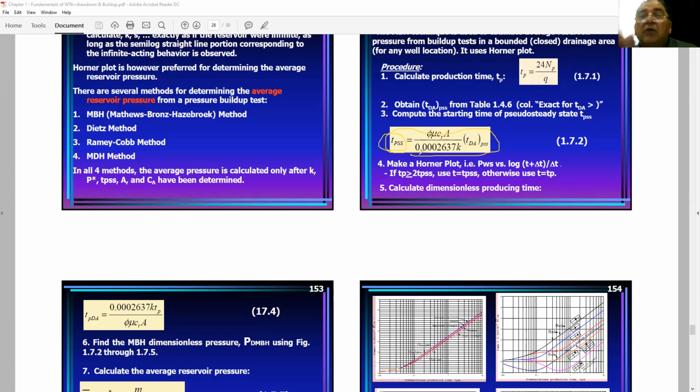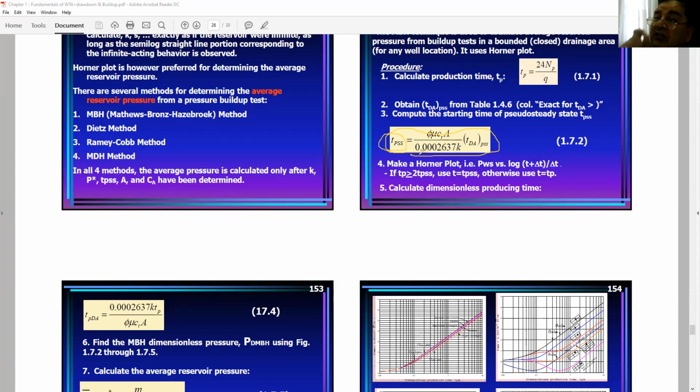Now we need to compare TPSS, the one we have already calculated here, with our production time. If the production time is greater than twice the value of TPSS, then you need to redraw the Horner plot using TPSS as your production time instead of TP.